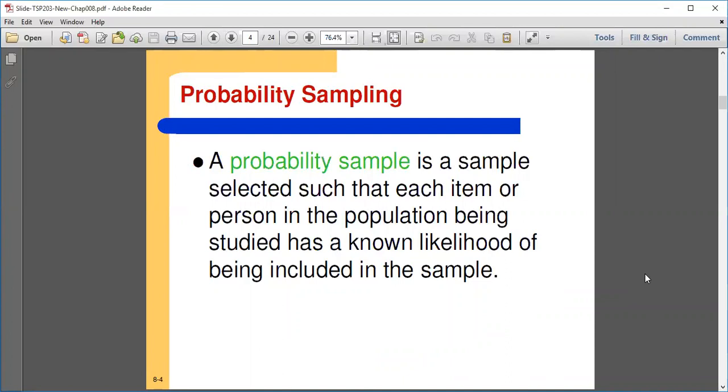Probability sampling. Probability sampling is a sample selected such that each item or a person in a population being studied has a known likelihood of being included in the sample.